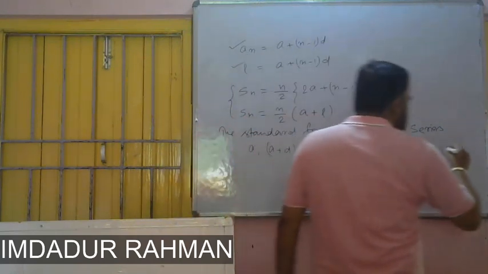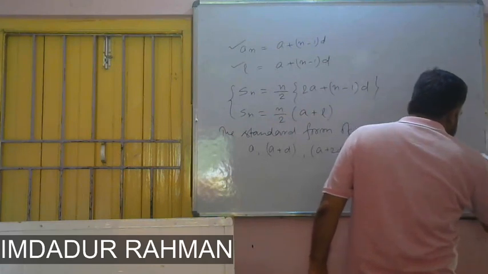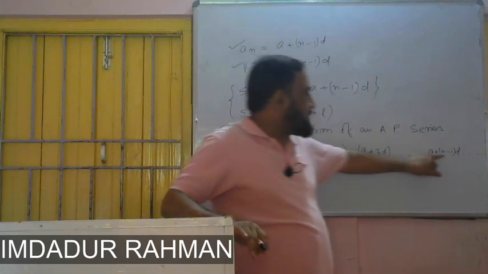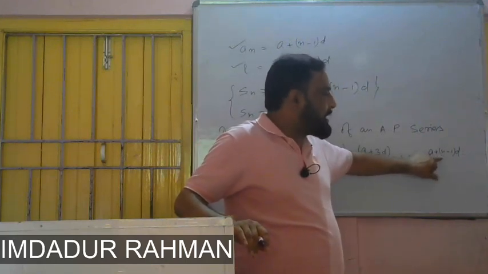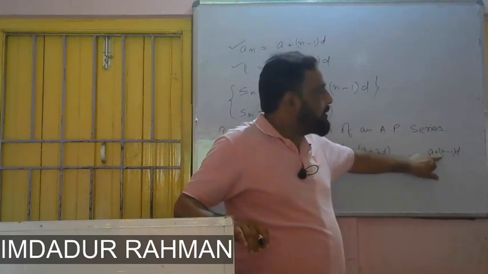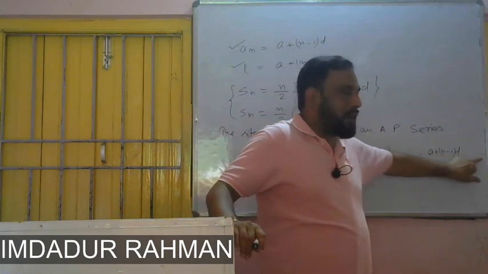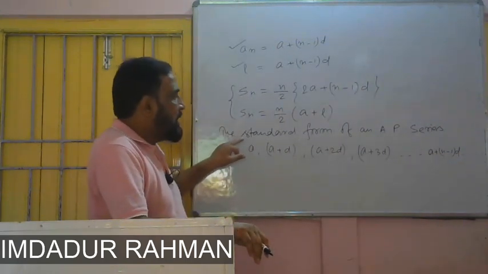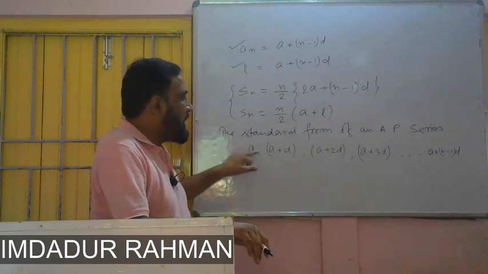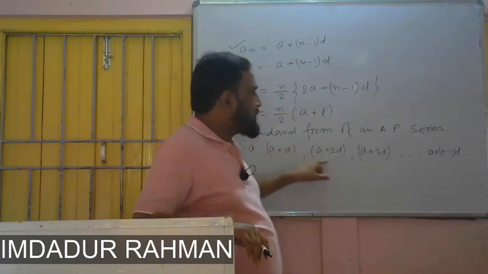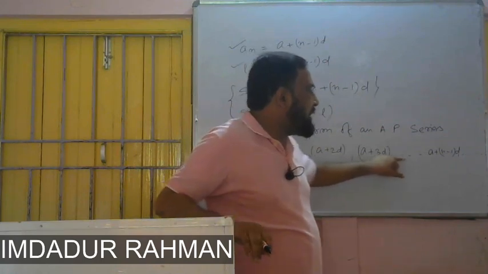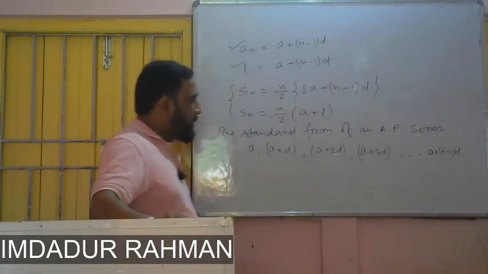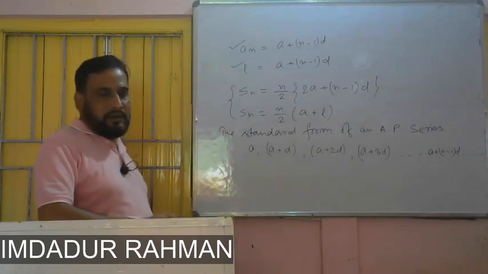And if there are dots after this, it is the nth term, and after that some terms are there. So the standard form of an AP series is A, A plus D, A plus twice D, A plus thrice D, and then A plus (n minus 1) into D. Write it down.